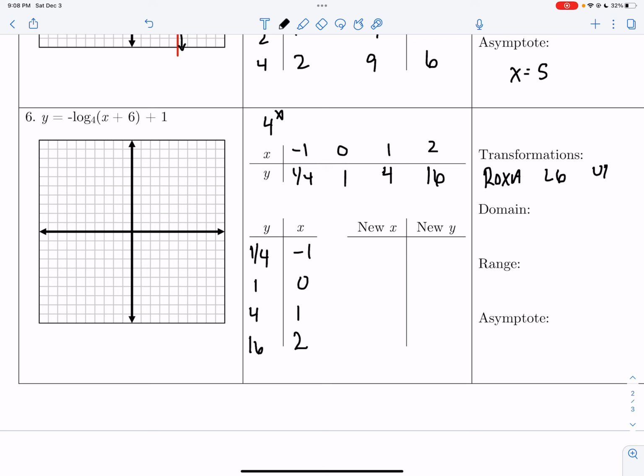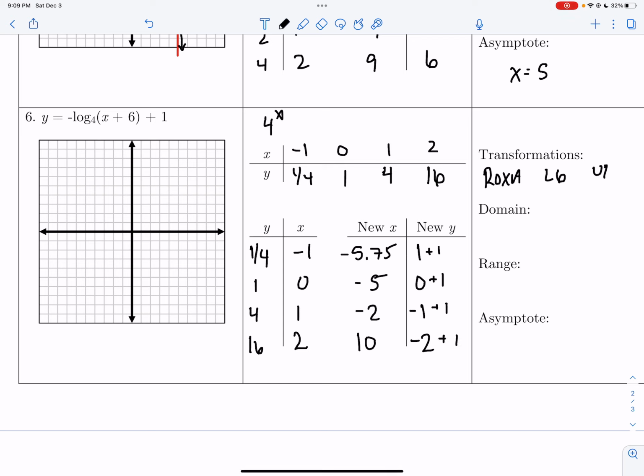Since it affects your y value, I know that my new y has to be 1, 0, -1, -2. I'm going to go left 6, so this is going to give me 1/4 minus 6, which is about -5.75. 1 minus 6 is -5. 4 minus 6 is -2. 16 minus 6 is 10. And then up 1. So that's going to give me 2, 1, 0, -1.